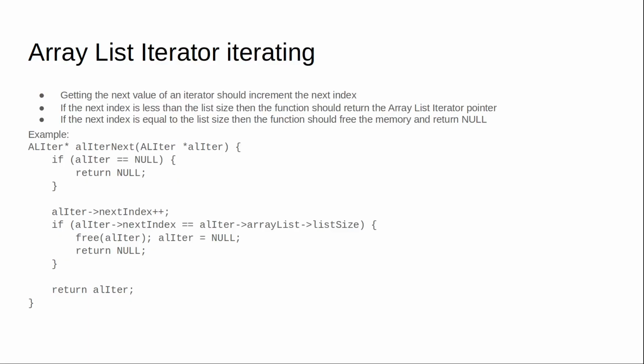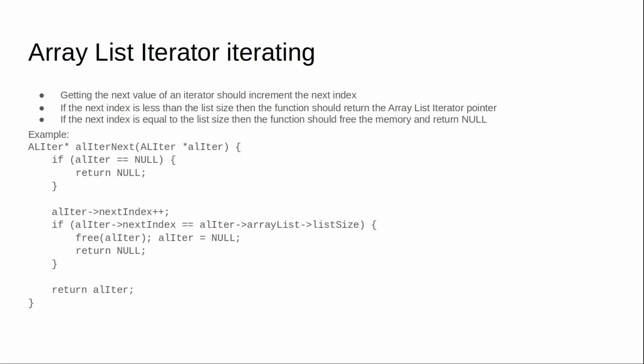Okay, iterating an iterator. Anytime we increment an iterator, we're going to prepare it to get the next value that is part of the list that we're iterating over.